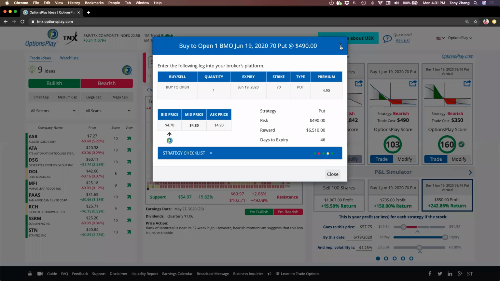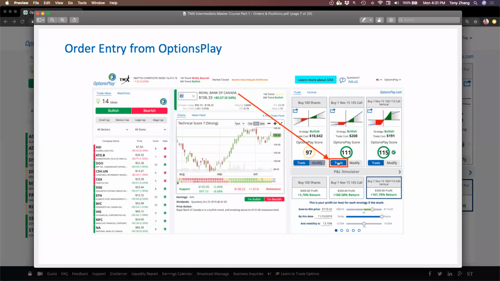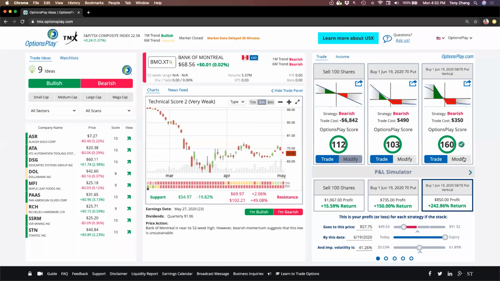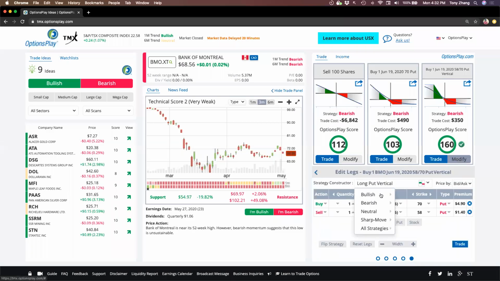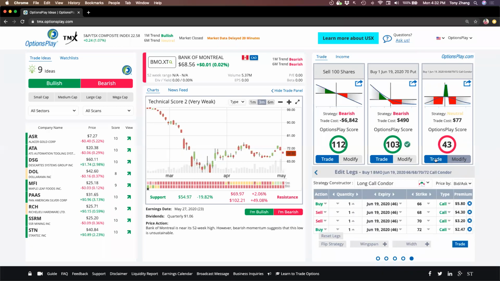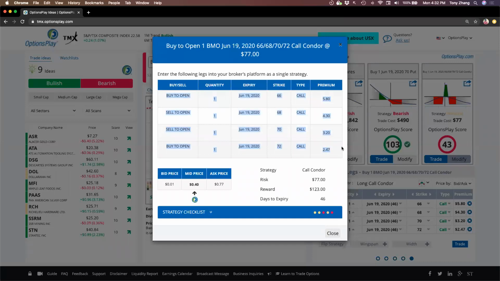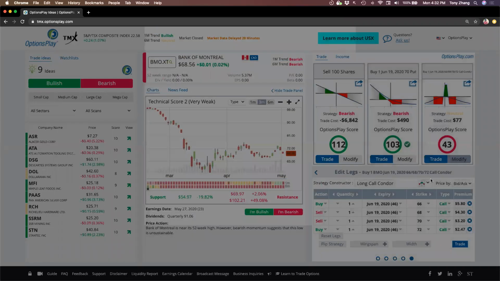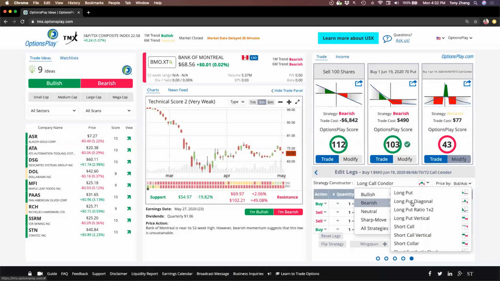Very important that you know how to access that, again, by clicking on the trade button within the Options Play tool, so that no matter what strategy you're analyzing, once you've found the strategy you're looking for, you hit the trade button and we will show you how to enter that order, especially when you get into some of the multi-leg orders. So for those of you that do like to trade more complex trades, when you click on the trade button, it will give you all the different legs, because once you get into the more complex strategies, even with 2 legs, you're looking at 12 different data points that you need to worry about.